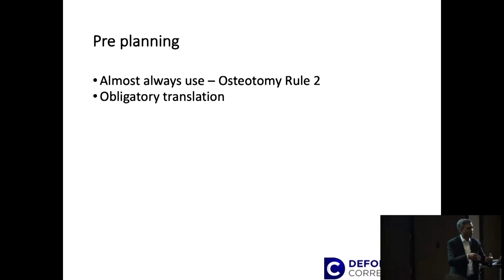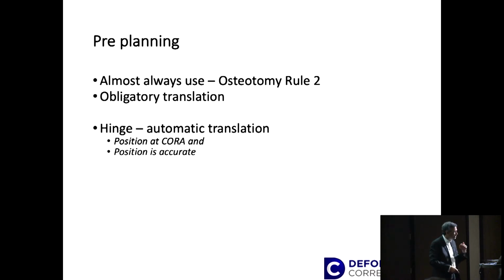The more of the deformities are periarticular apex. And there you cannot do the osteotomy at the apex of the deformity because you will not have enough bone to fix it, to stabilize it. So you have to move it. Once you move it, you have to have obligatory translation, and that becomes quite difficult because unless we plan it, we cannot put the right implant.